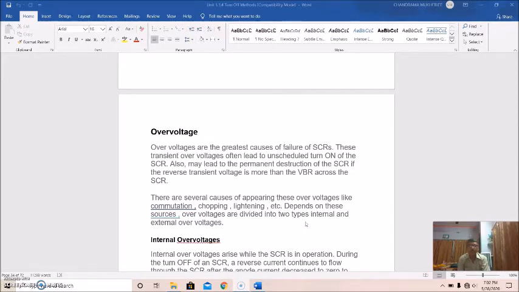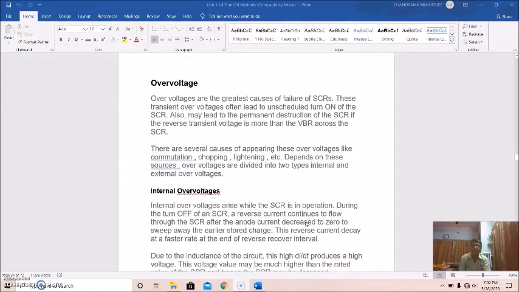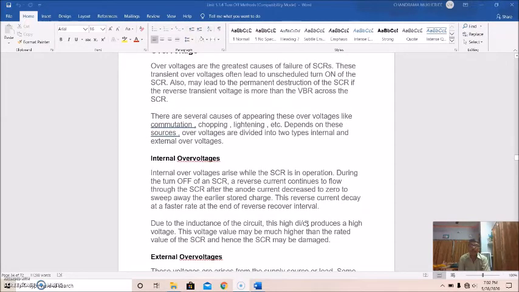Overvoltages are divided into two types: internal and external overvoltages. What is the cause behind internal overvoltage, or how is it generated? Internal overvoltage arises when the SCR is in operation. During turn off of the SCR, a reverse current continues to flow through the SCR after the anode current decreases to zero, to sweep away the earlier stored charges.